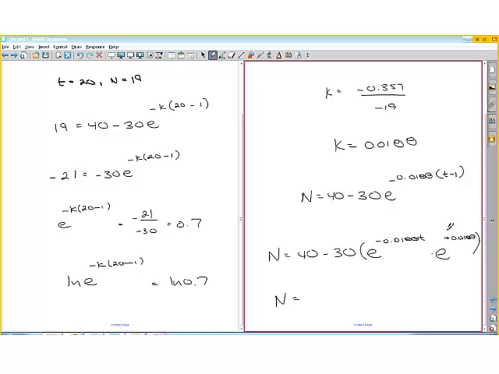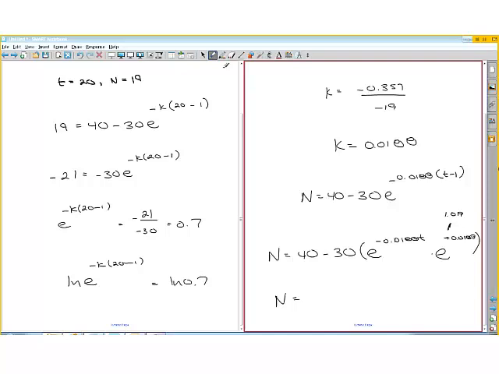So this here is equal to 1.019. So 30 times that number is 30.5685.